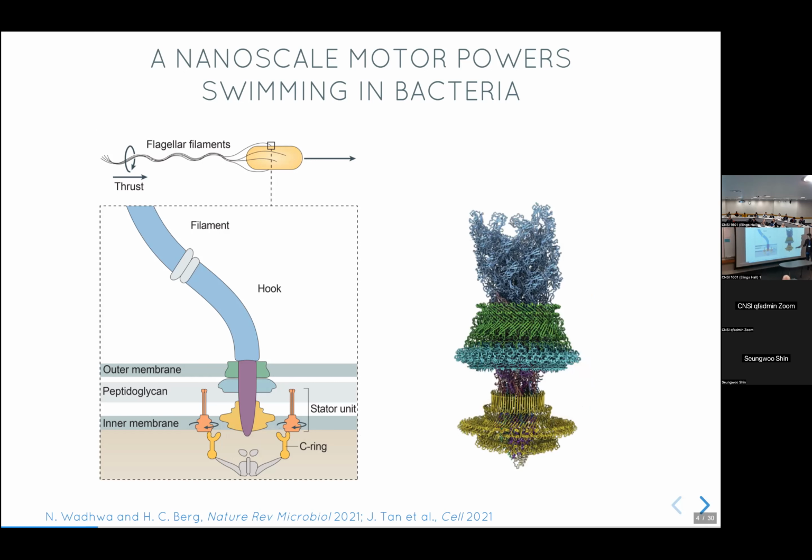Here is a cryo-EM structure of just the basal body of this machine, and you can see that it's a really beautiful and complex structure, which remains a source of mystery and inspiration for my lab.